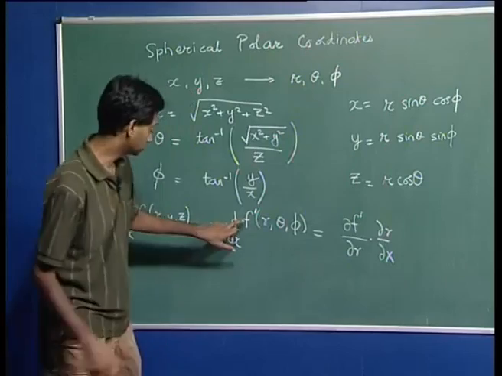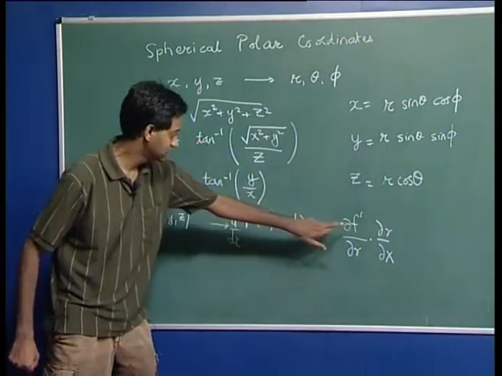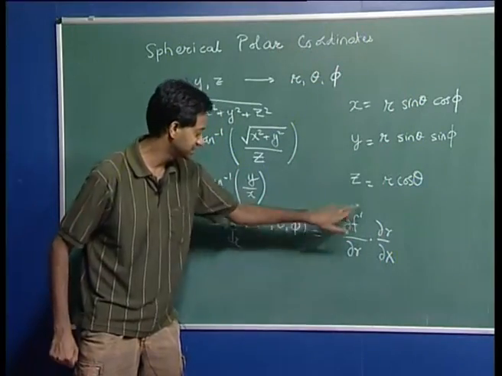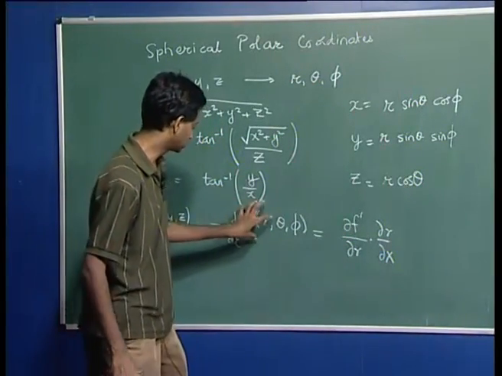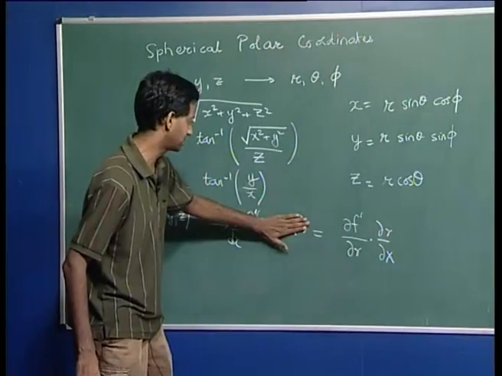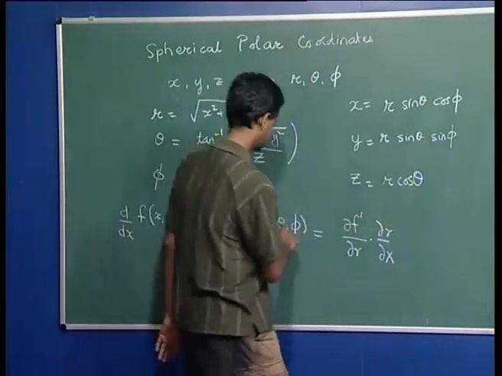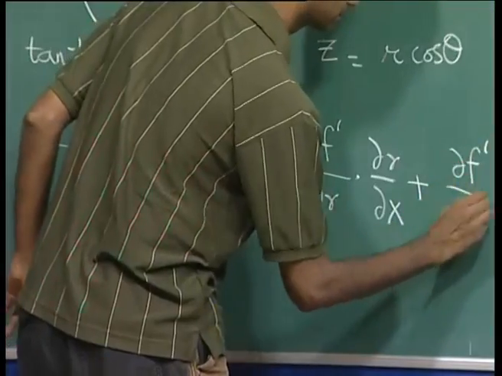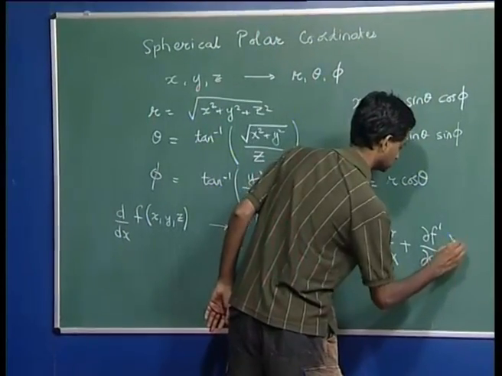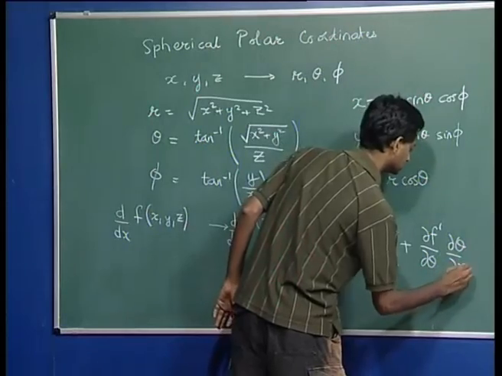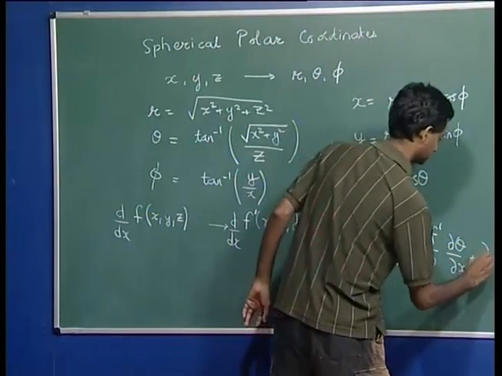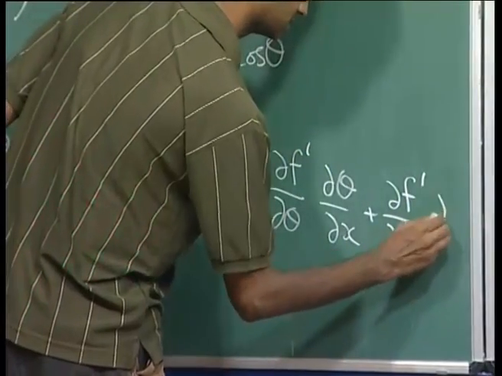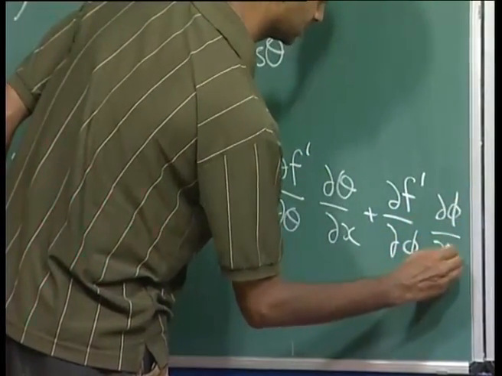Okay, so the dependence on r will be seen in this term. Okay, and so this is like if I only had a function of r, then I would only have this, but then since I also have functions of theta and phi, I will have two other terms. Plus dou f prime by dou phi into dou phi by dou x.